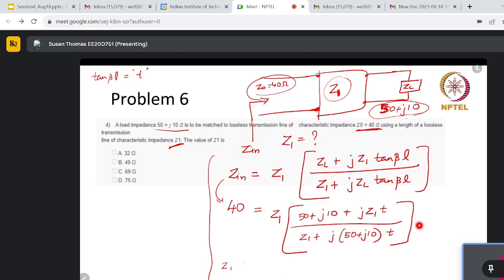Z1 into 50 plus j is common, so taking j out, j into 10 plus Z1 t, is equal to 40 Z1 plus 40 into j50 t minus 10 t.